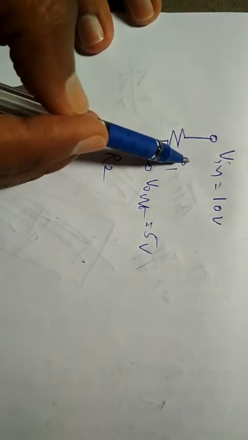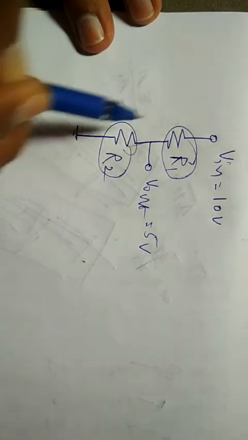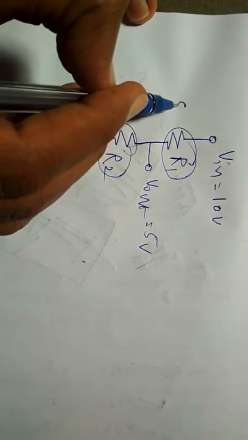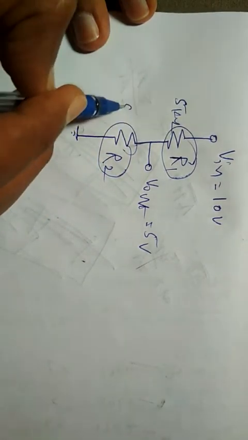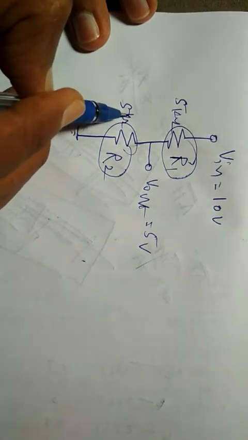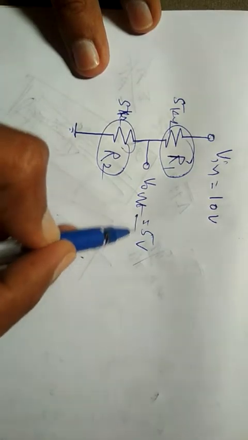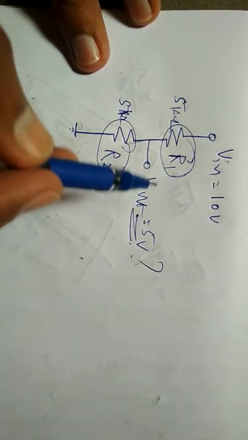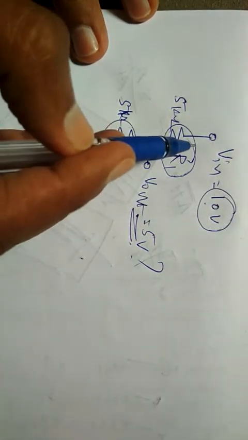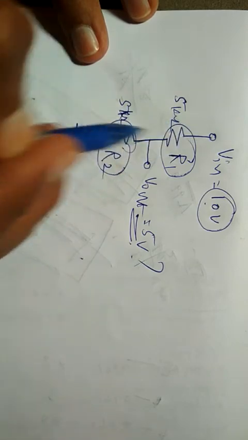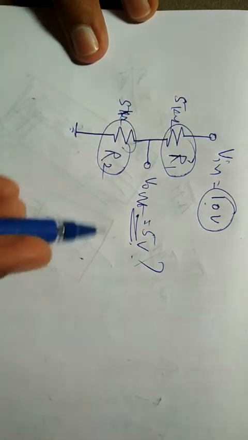That means we have to choose R1 and R2, both the resistors, with the same values, say 5 kilo ohms each. Then we get 5 volts from the 10 volt input. So you have to choose the potential divider components so that both the resistors are the same.